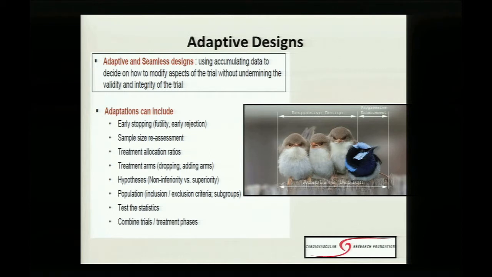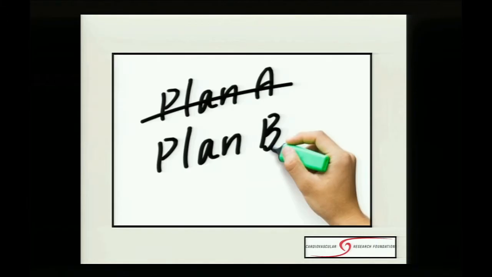And I have listed some of the issues permitted by adaptive designs, like having more flexible hypotheses, non-inferiority or superiority hypotheses, and being able to change them, redefining the inclusion or exclusion criteria, combining different phases and treatments, and also being able to stop the study earlier if necessary.